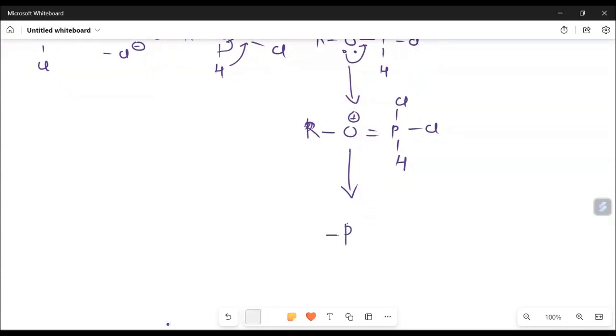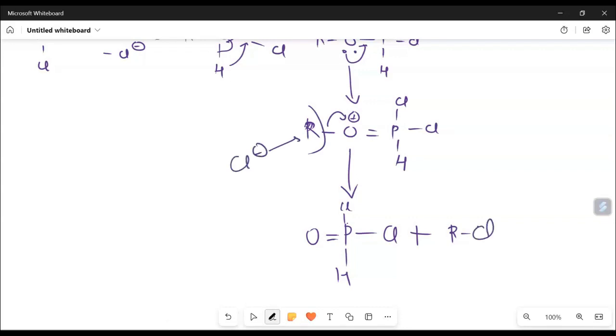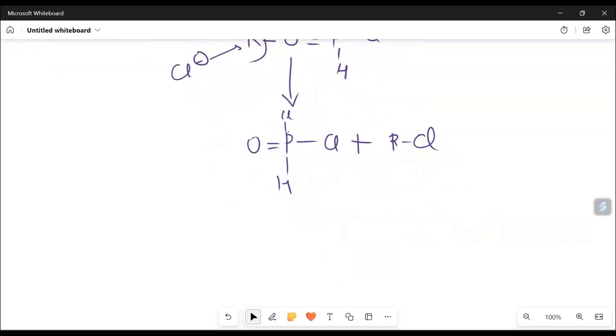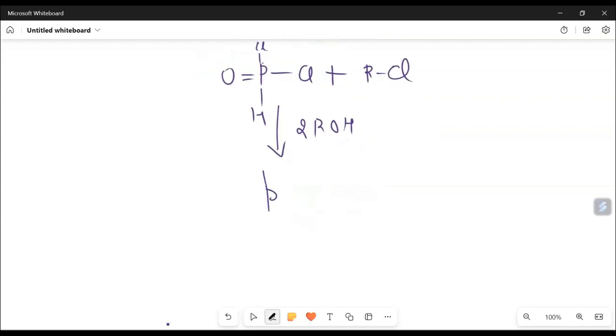P double bond O, Cl, Cl, H, Cl plus RCl. So this bond will break and this R goes and the Cl minus will attack with it. So it will form RCl. And you can write down further it will convert into, ROH will attack on it and it will form P double bond O, OH, H.